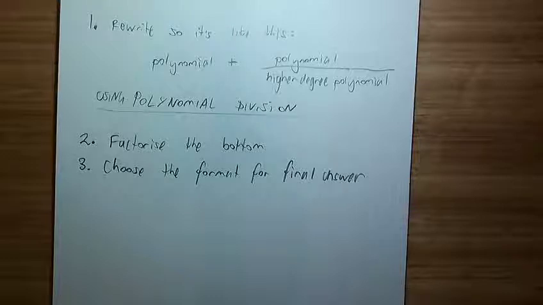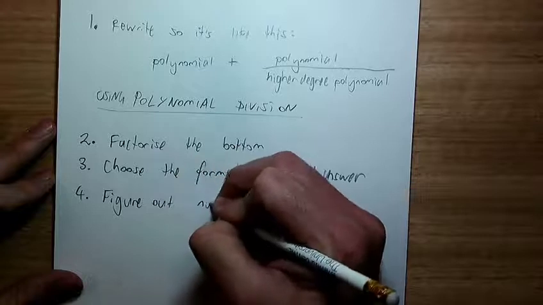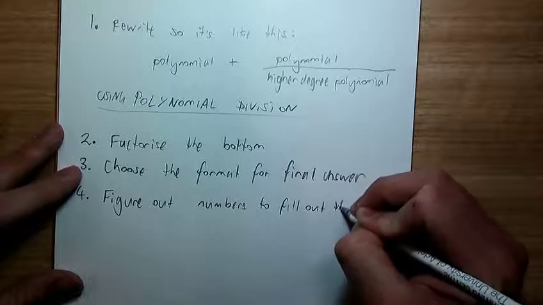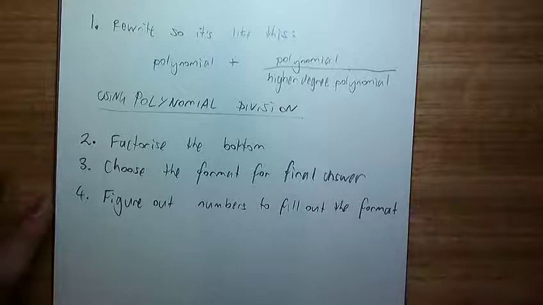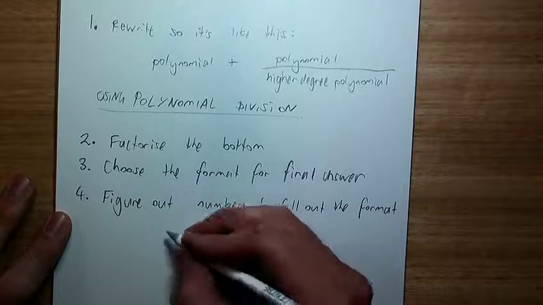And there are specific rules for what those formats are, and I'll talk about that in a second. And then what you're going to do is figure out what numbers go in that format to make it work. So figure out the numbers to fill out that format, and you normally do that by putting everything over a common denominator and equating coefficients.